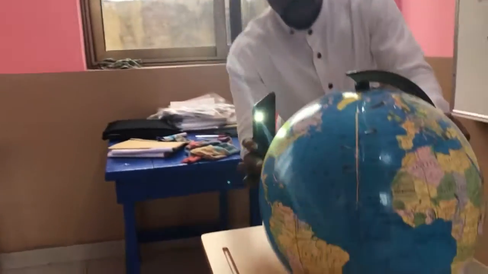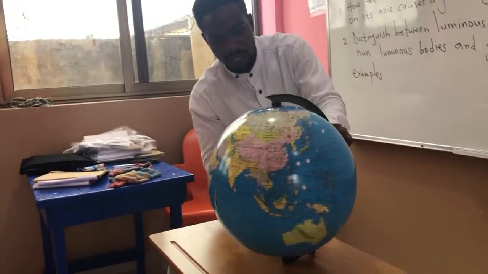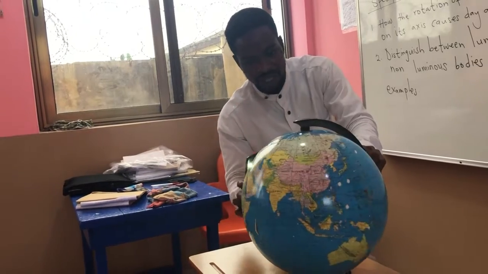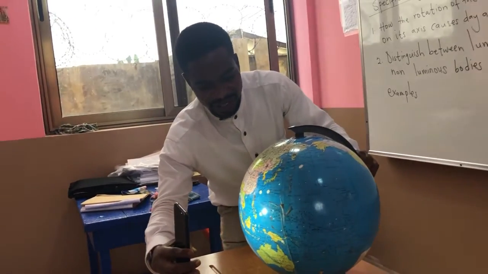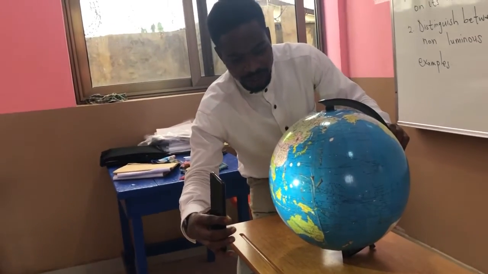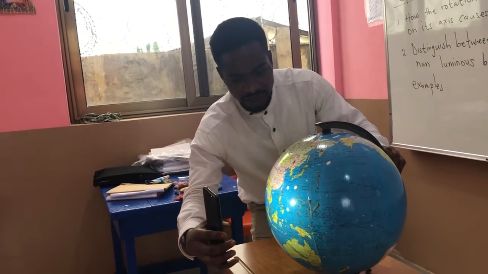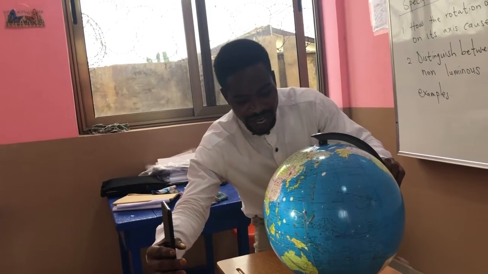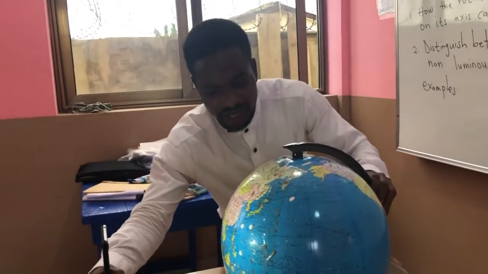So I am going to spin again. Yes, you can see this is how it is rotating. Now see the light. Part of the earth faces the light, which is the sun, so they experience day.